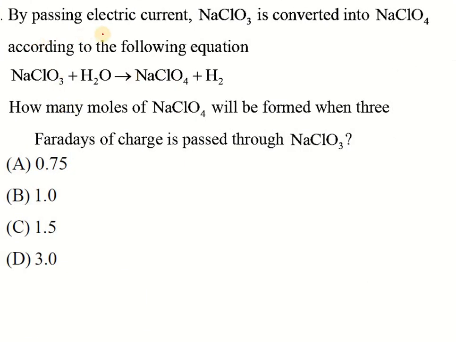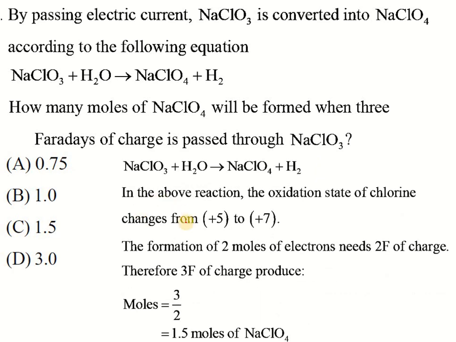The next question. By passing electric current, sodium chlorate is converted into sodium perchlorate. According to the following equation, NaClO3 plus H2O gives rise to NaClO4 plus H2. How many moles of sodium perchlorate will be formed when 3 Faradays of charge is passed through NaClO3? When you find the oxidation states of chlorine, the change is 2 moles.